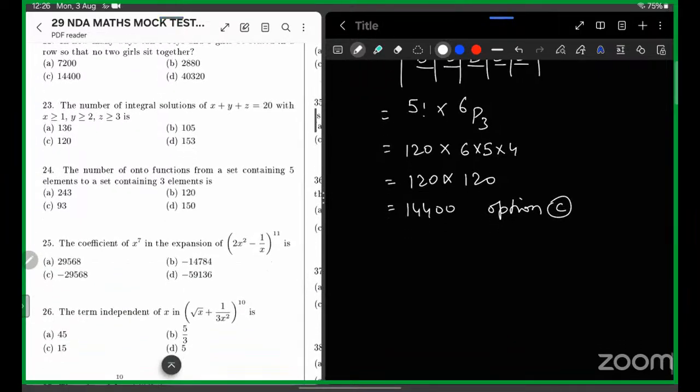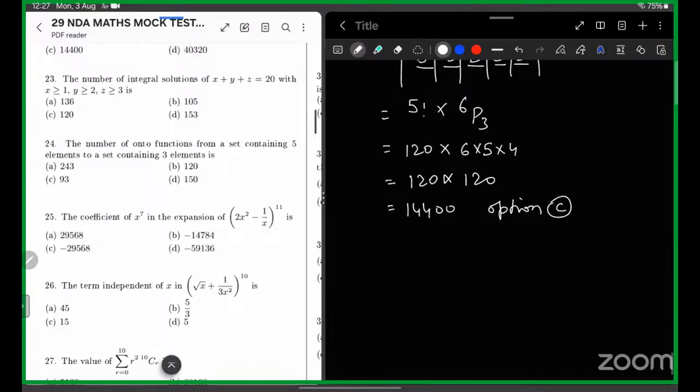The number of integral solutions of x plus y plus z equal to 20, with x greater than or equal to 1, y greater than or equal to 2, z greater than or equal to 3. Okay.